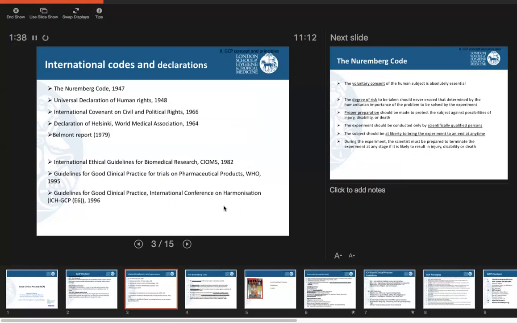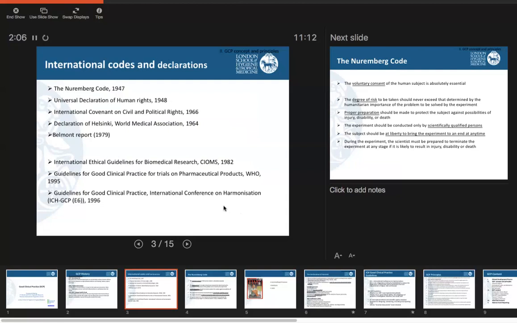There's a Universal Declaration of Human Rights in 1948 after the war. And there's also the International Covenant on Civil and Political Rights in 1966. But the one that is used most widely for medical research is the Declaration of Helsinki, which was put together by the World Medical Association.